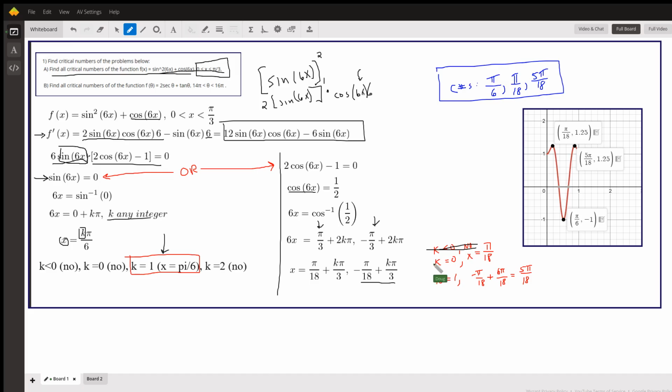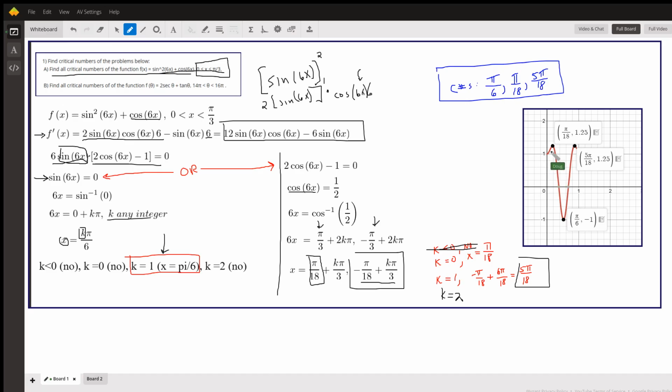When k equals 0, from this first possibility, we get pi over 18. When we let k equal 1, we use this guy. We get negative pi over 18 plus 6 pi over 18, 5 pi over 18. After that, if k equals 2, we move outside the interval from 0 to pi over 3.